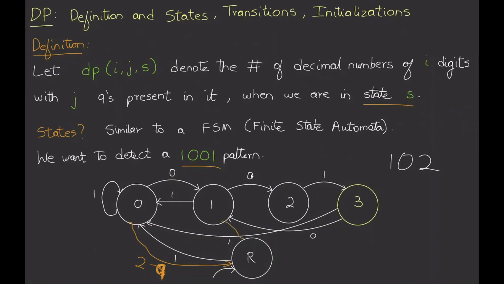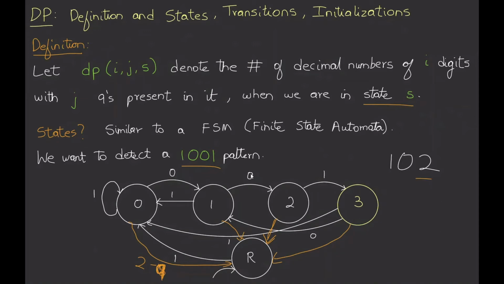So if you see anything other than that, you can go directly to R. And similarly from this place, after seeing a 100, I may have seen something. So basically I did not detect the pattern, but I have to know which state I'm in. So if I see something else, I will go over here. And similarly from here too I can go to state R. After seeing a 1001, maybe I saw some number like between 2 to 8, right?